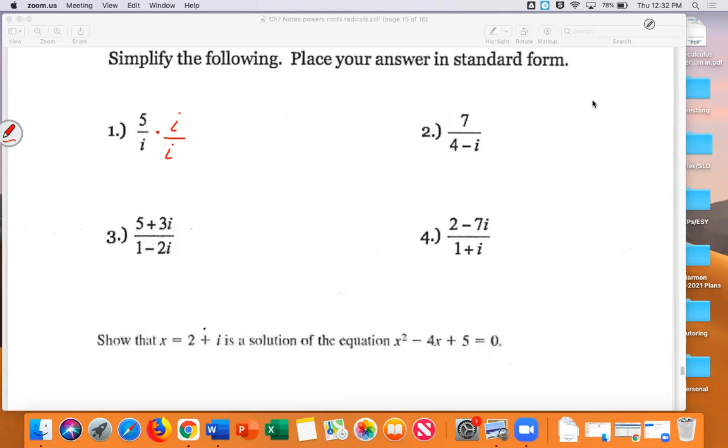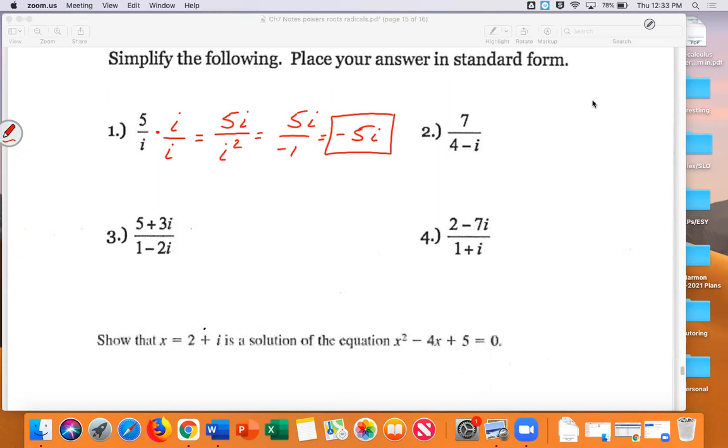Seems kind of weird, but remember, the whole goal is to have the denominator be a number and not something with a square root. So here, this is just 5i. And then the denominator, it's i squared. And Jay told me i squared is -1. So this is just -5i. Do you see that, Jay?